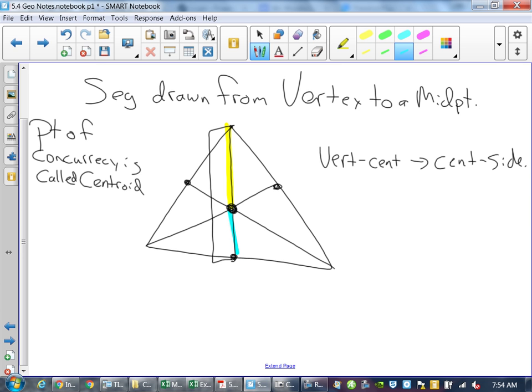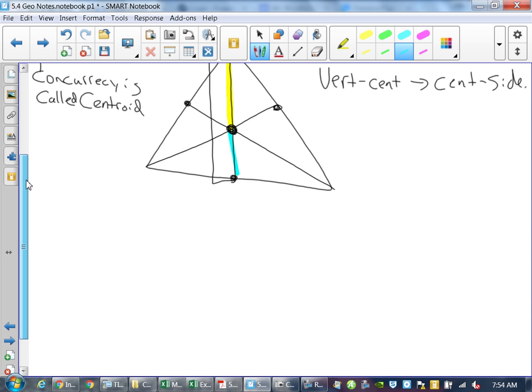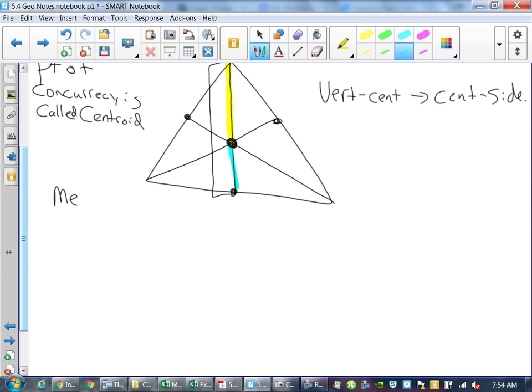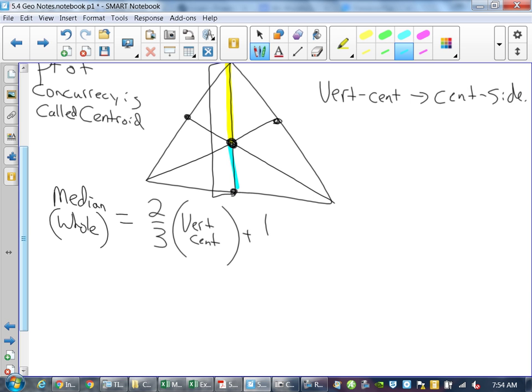Now, the median, think of it as the whole thing, is equal to, let me write this out, it's going to look weird at first, but I have a really nice shortcut to make this work: 2/3 vertex to centroid plus 1/3 centroid to side.